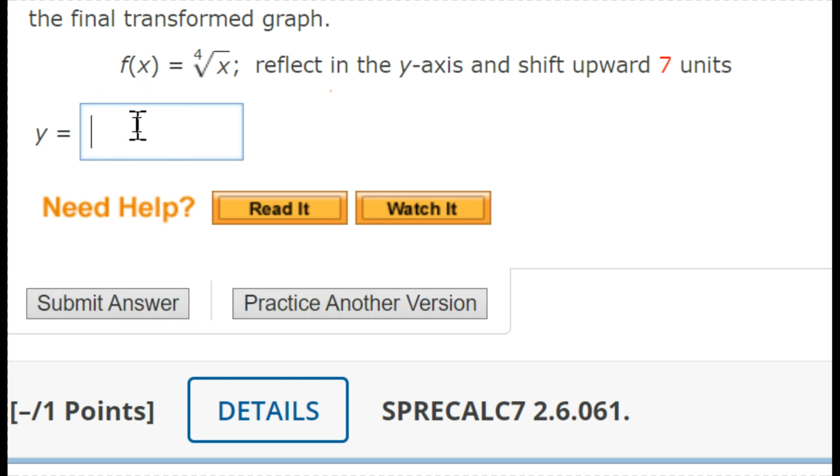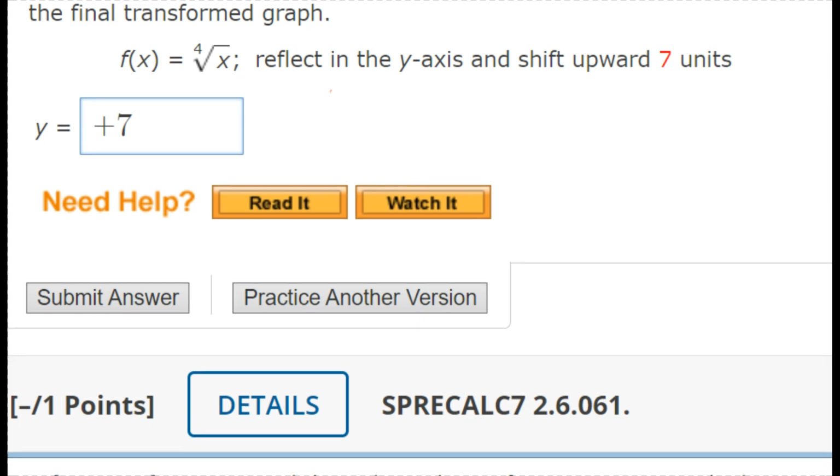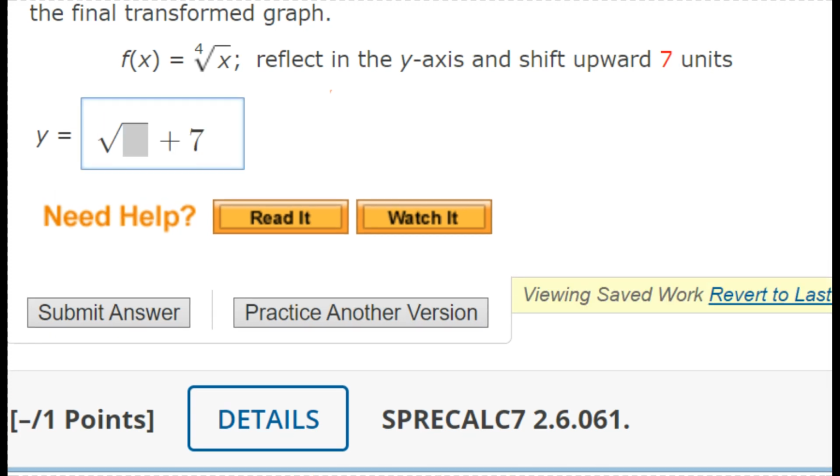Here we go. Reflect in the y-axis and shift upward 7 units. I can do the upward 7 units pretty easy. To get to the reflection in the y-axis, all we need to do is take all those y values and make them negative.